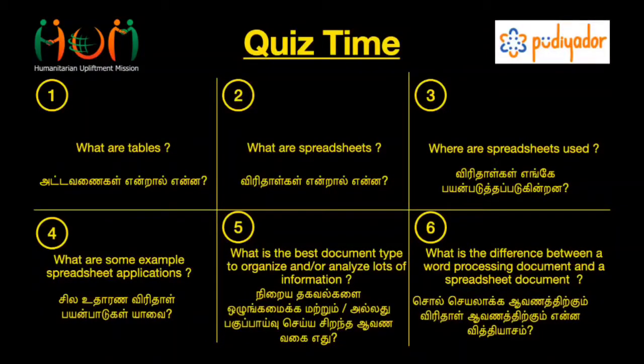Next question. What are spreadsheets? Yes, a spreadsheet is a table with many rows and columns. Not a bad answer, but the correct answer is a spreadsheet is a table-based document.